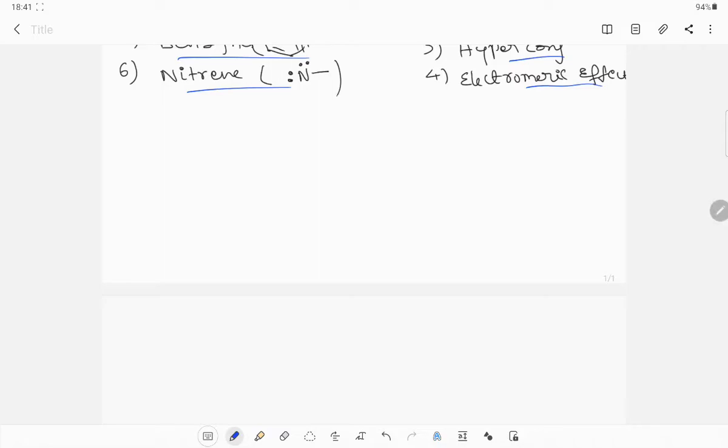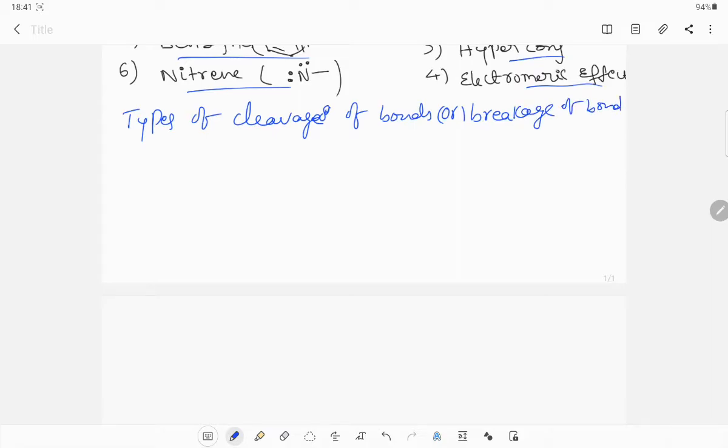Now our topic is types of cleavage of bonds, or breakage of bonds, or fission of bonds.